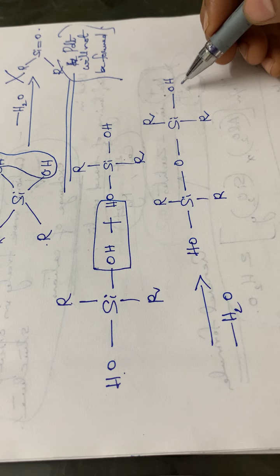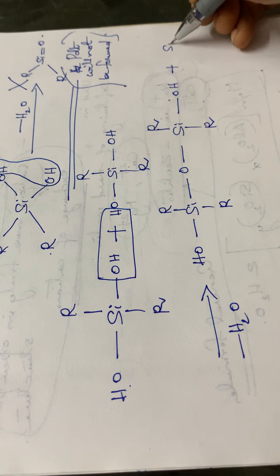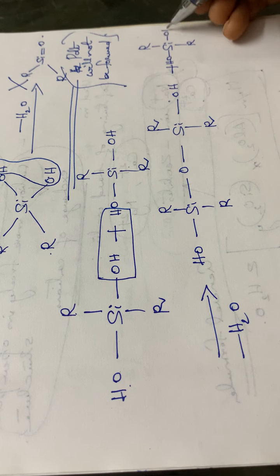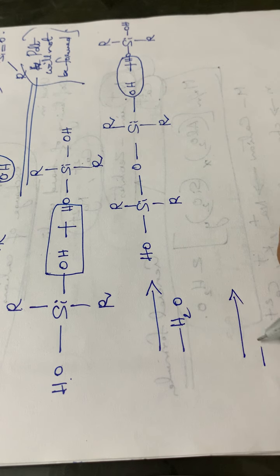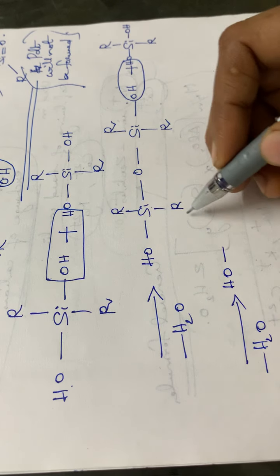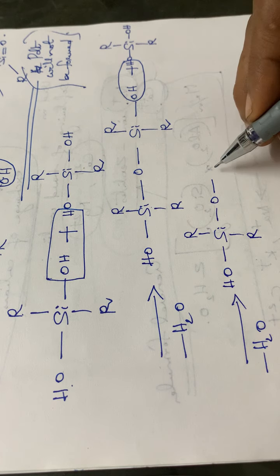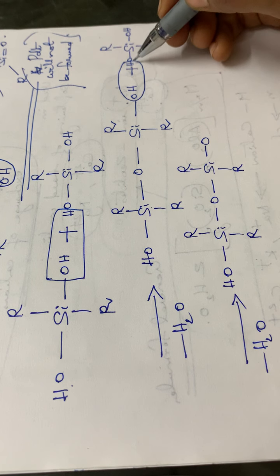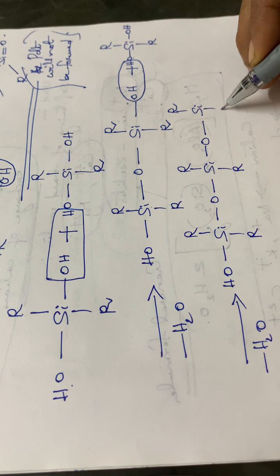When this compound further reacts with another dihydroxy silicon, one molecule of water is again eliminated, and the product will be HO-SiR2-O-SiR2-O-SiR2-OH.